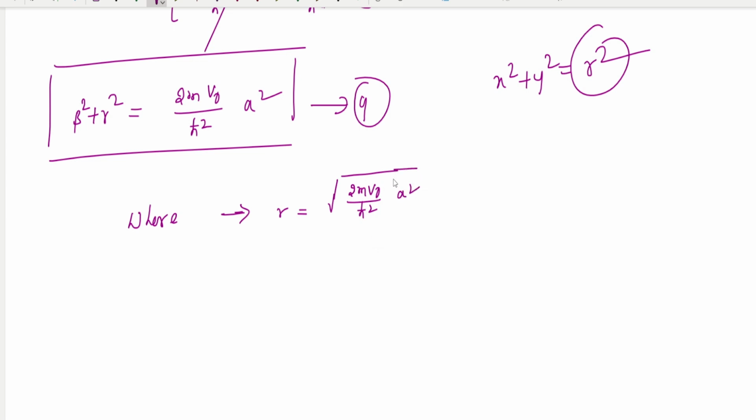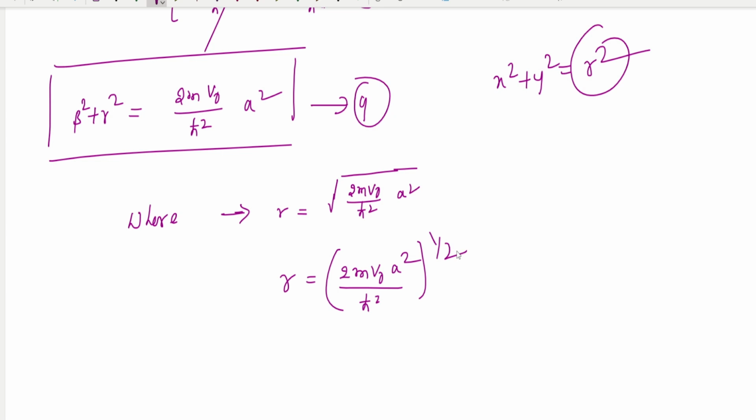It is your choice. If you want to write this a square outside the root, then you can use a. Or else you can write r equal to 2m V naught a square divided by h cross square, all power 1 by 2. So this is the xy plane with radius r.